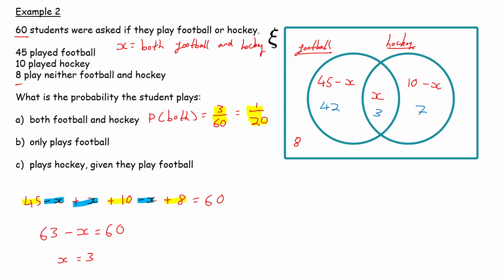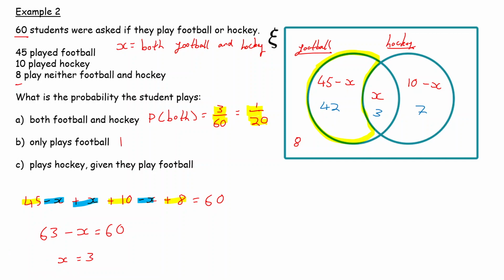Okay, next one, the probability that they only play football. So that's a nice question because it's just testing your understanding of Venn diagrams. Only football, right, is just this bit here. Okay, not the whole circle, because that's both football and hockey included. So we're just looking at that number there, 42. So that there is going to be our answer.